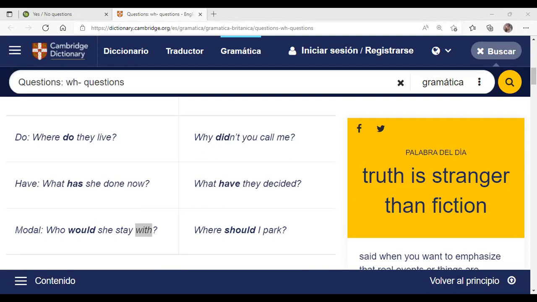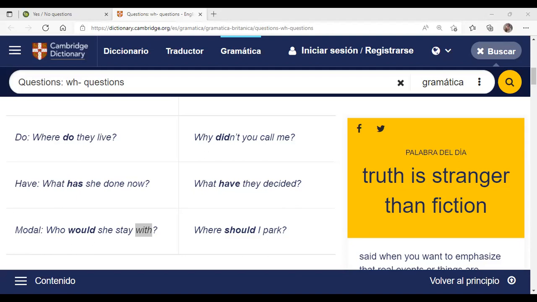Talk with. El verbo worry, preocuparse, va acompañado de about. Worry about. Vean, son verbos que van acompañados de preposición. Hay muchísimos.